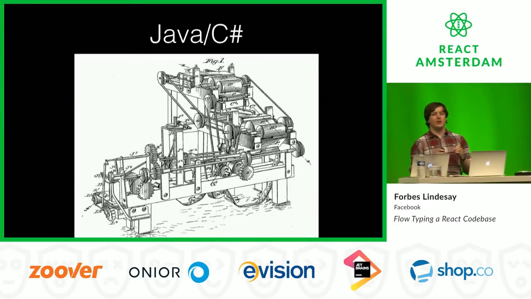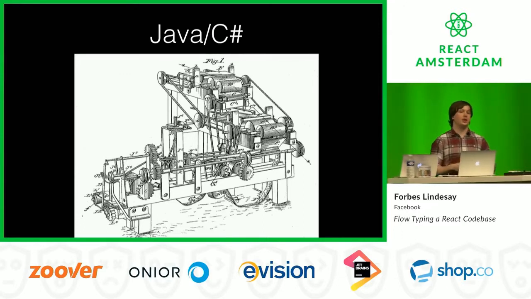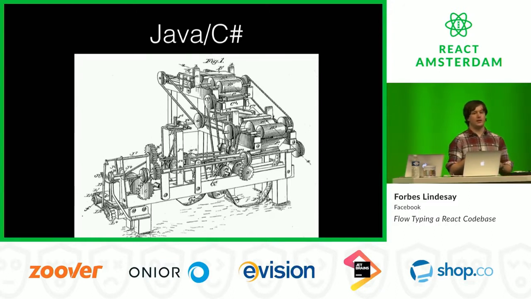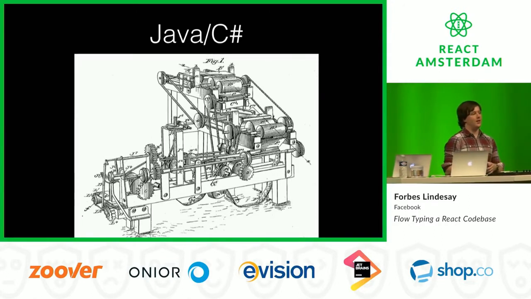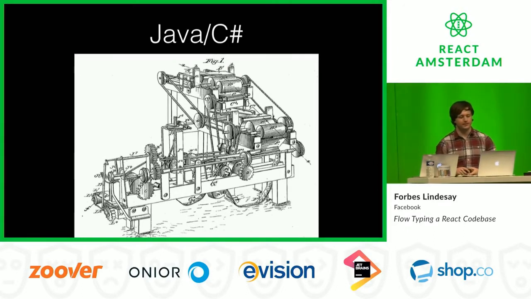What that means is that you can have a null value, and you can pass a null value to any function in Java and C#, and they'll assume that that's fine, but they'll also assume inside the function that the value isn't null and that you can access properties of it. And that combination leads to a lot of bugs. It leads to runtime exceptions. With Flow, it really focuses on soundness. So if you have your entire code base typed with Flow, you really will get almost no runtime exceptions. It's really hard to get a runtime exception with a properly Flow-typed code base.